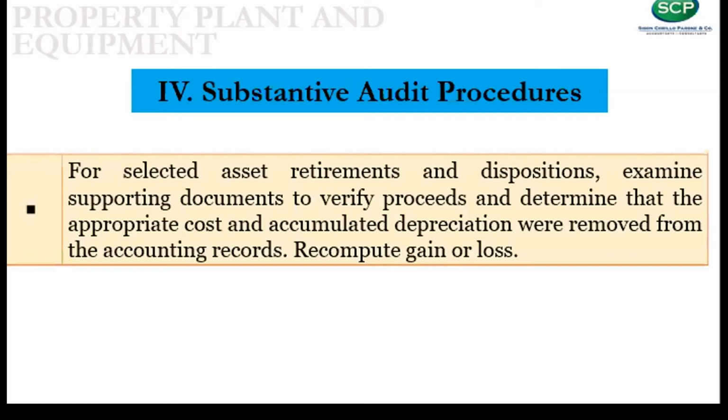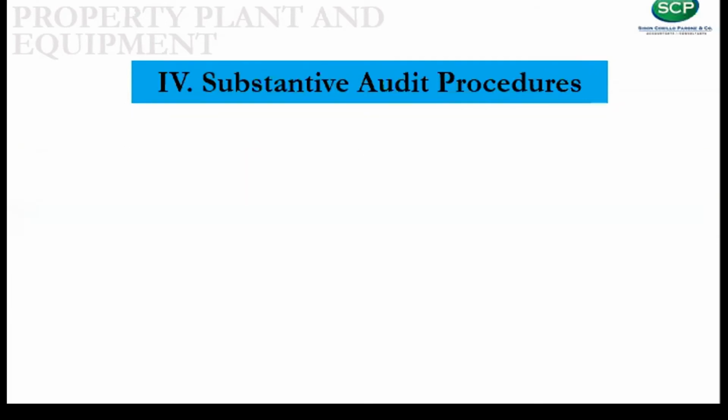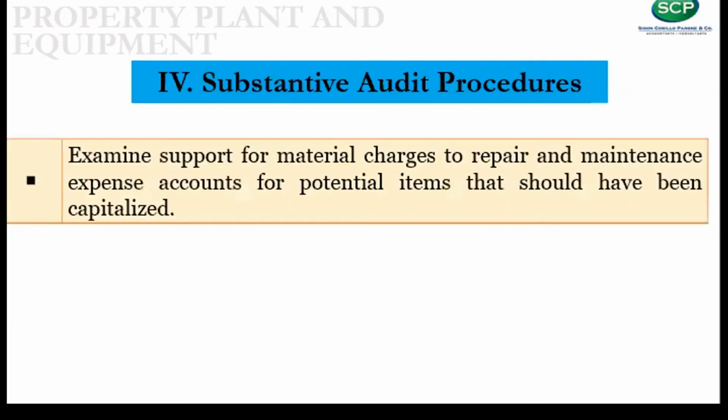So before we leave the recorded cost of property, plant, and equipment, those are the procedures we perform on the cost of fixed assets. But before we leave the recorded cost of PPE, we should also perform the next audit procedure, which is to examine support for material charges to the repairs and maintenance expense account to determine any potential items that should have been capitalized.